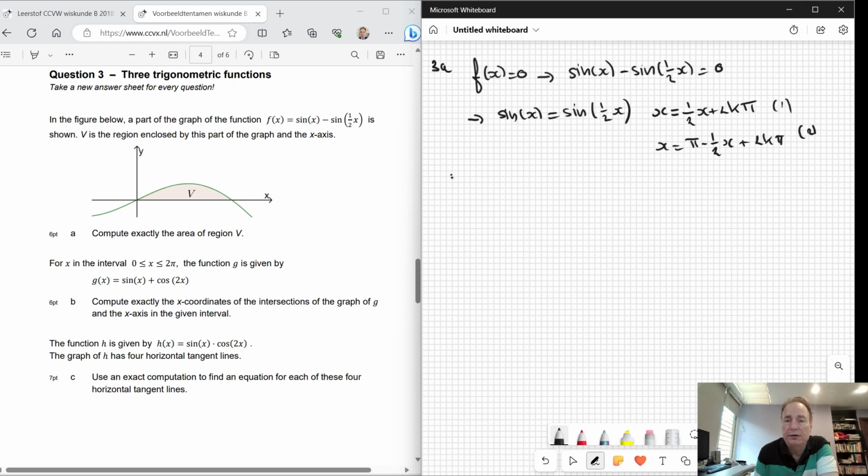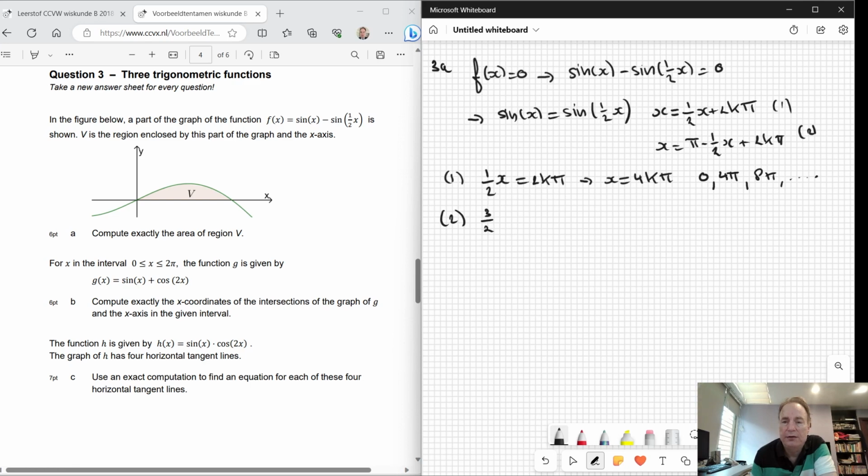The first equation will then give, bring 1/2 x to the left, so 1/2 x equals 2k pi, which means x is 4k pi, which will have then solutions. If I look at the positive solutions, we have 0, 4 pi, 8 pi, etc. So let's look at the second.